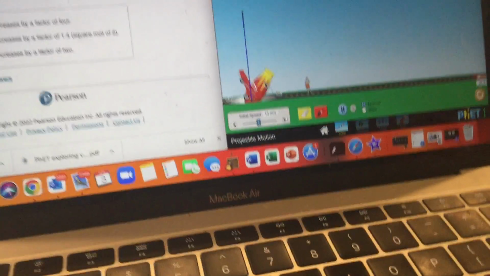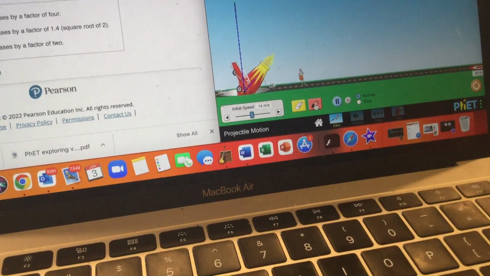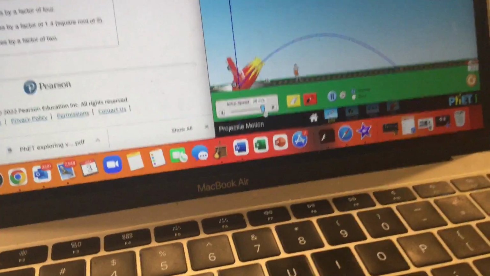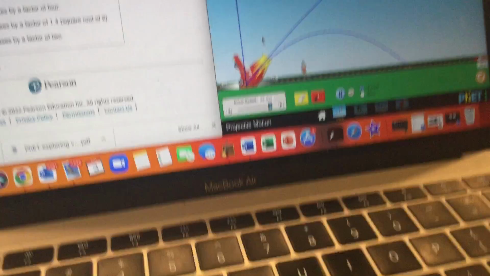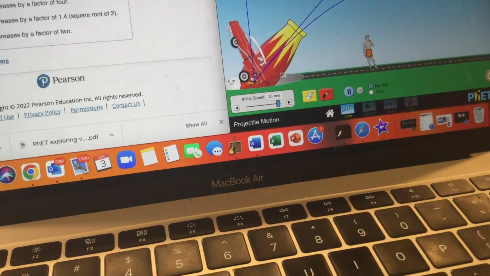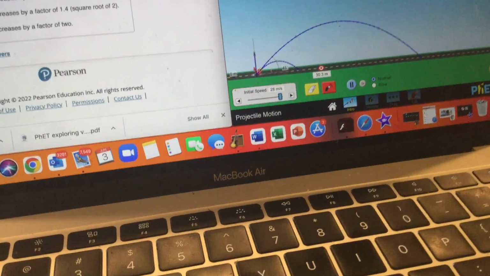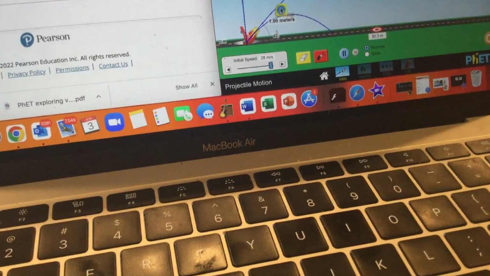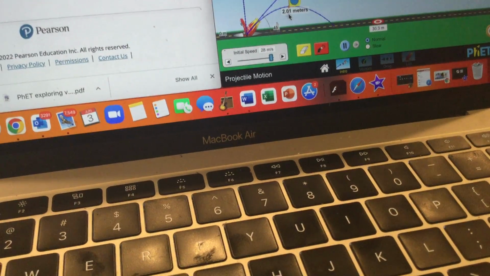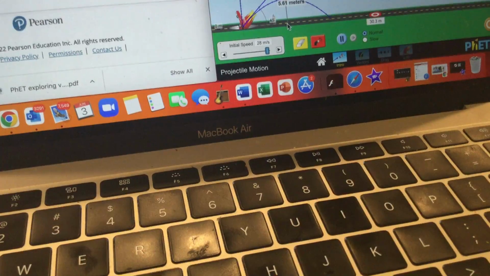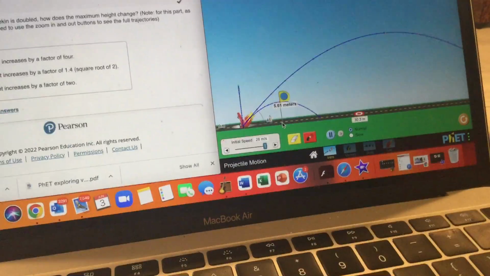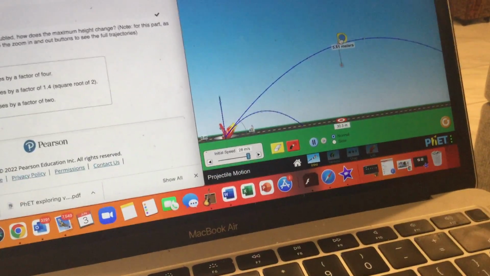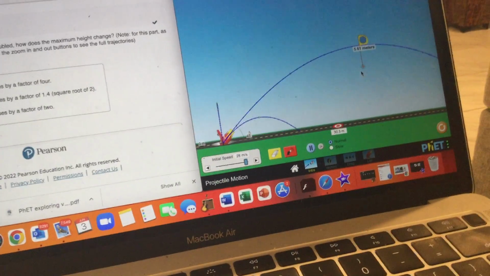So we'll start at 14 and then we'll double the speed to 28. We'll zoom out to see the full trajectory. We can take the stick and measure out the height, and that's 5.61.